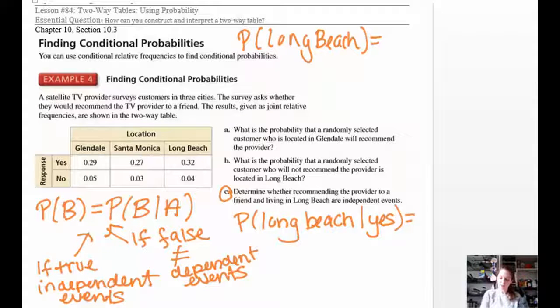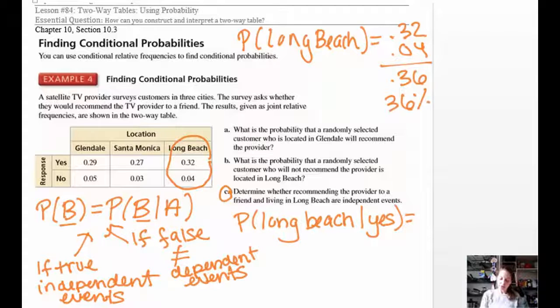So you see that our B event is Long Beach and our A event is yes. The probability of living in Long Beach, we can add those two together, 0.32 plus 0.04, is 0.36 or 36%.